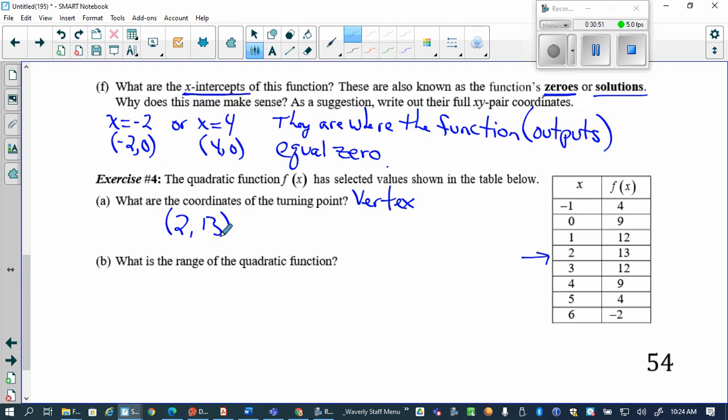Now let's think about this. What is the range of this function? The y values. We're going to assume that we can keep the table going.